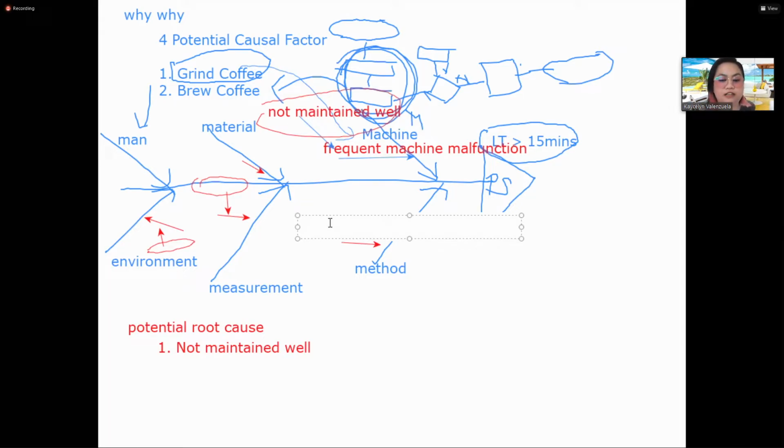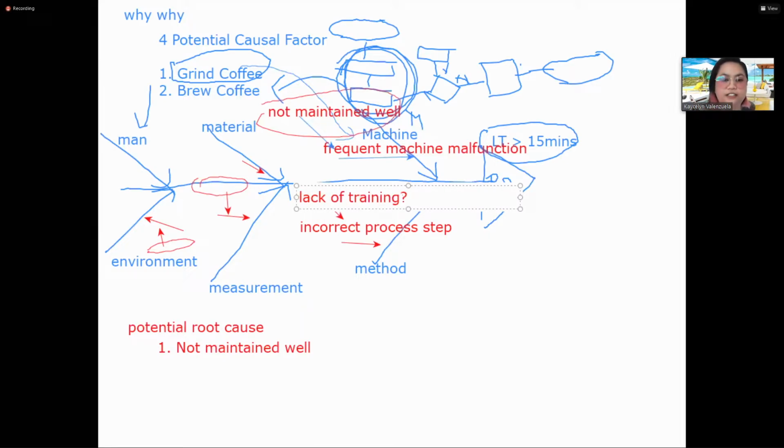It can be process omission, diba? Process omission or incorrect process step. So, bakit naging incorrect? Bakit incorrect yung pagpa-perform ko ng process step? Ano yung potential reason? Pwedeng lack of training? Sige, lack of training. Hindi lang naman isa yan.